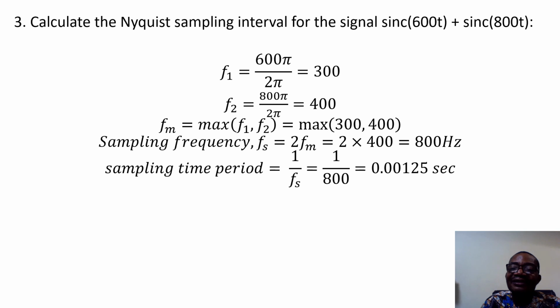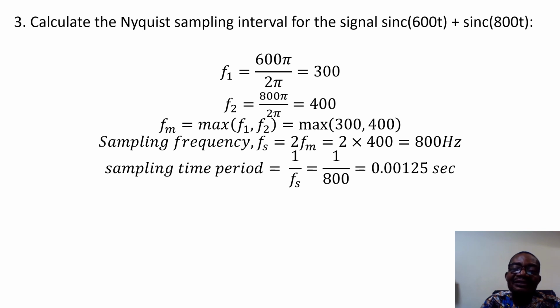First, we should know that 600πt, based on the standard calculation, is equal to omega t. 800πt is equal to omega t. And omega is equal to 2 pi f. So what this simply means is that 600πt is equal to 2 pi f.